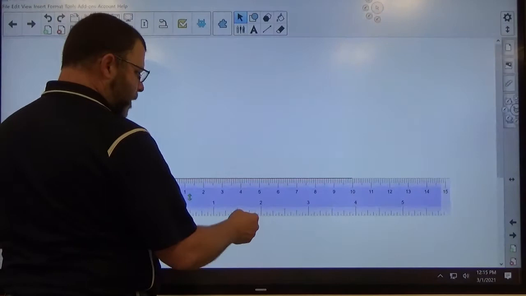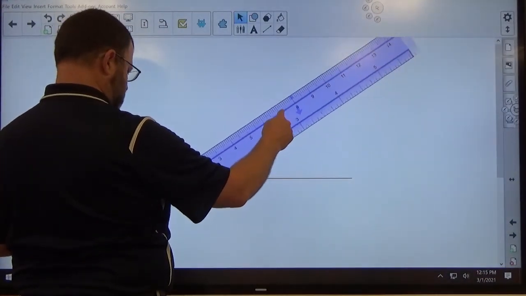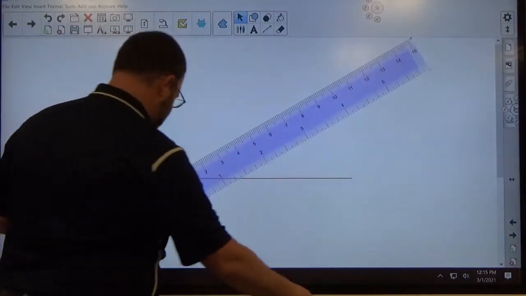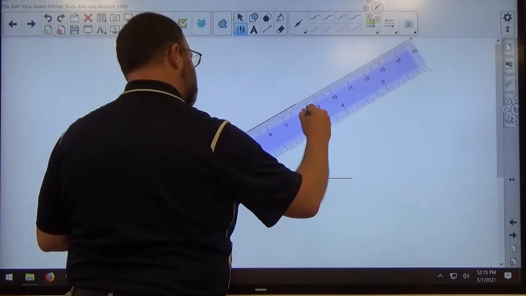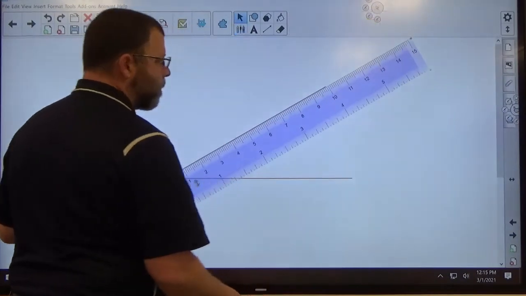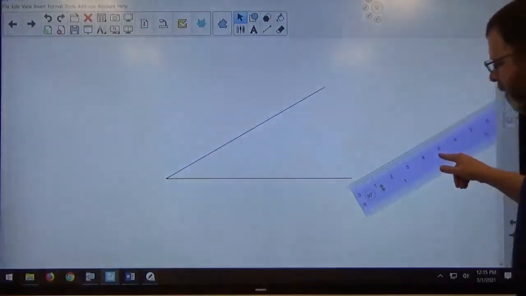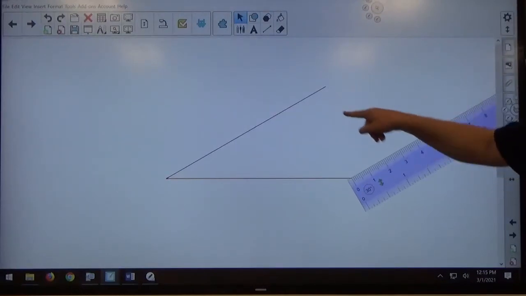And then I draw a 30-degree angle up here. Now I need to make a 4.5 centimeter segment come off of here that touches that purple line.